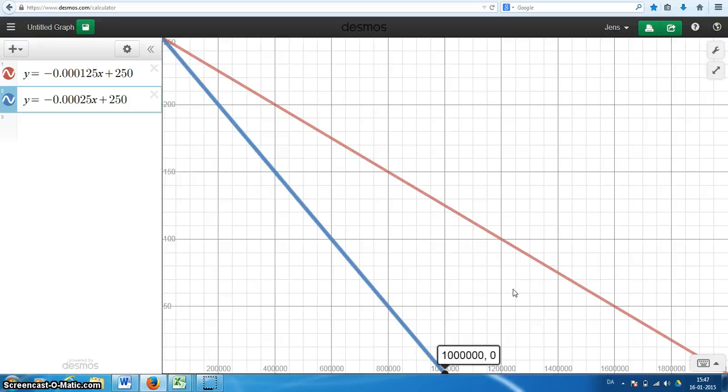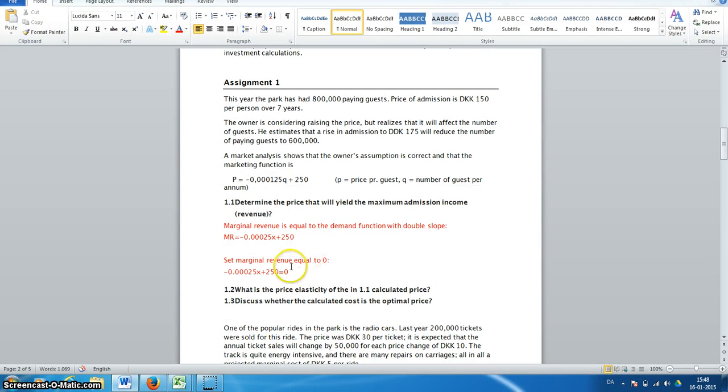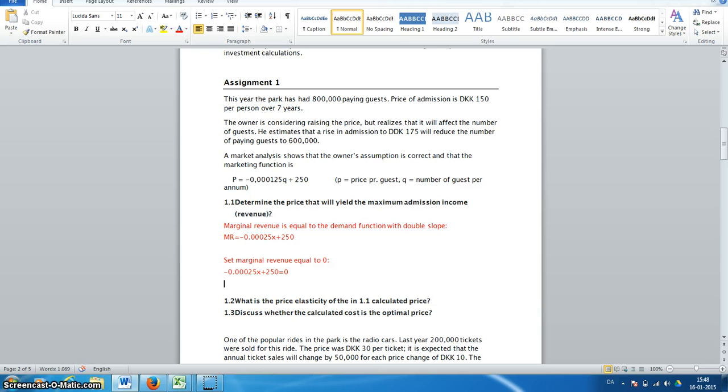That is why at this point revenue is maximized at 1 million units. And if we solve for x in this function, you will also find that x is equal to 1 million units.